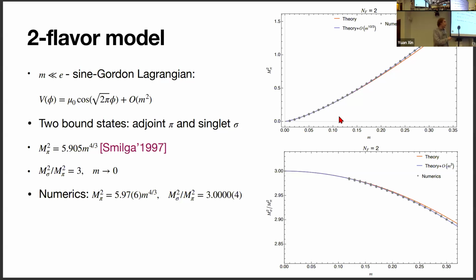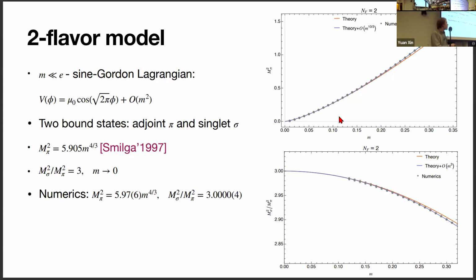We also know exactly the mass of pi because sine-Gordon is solvable, and the mass ratio of sigma and pi in the limit when the mass goes to 0. Both of these results are quite well reproduced by the numerics, as on these plots.